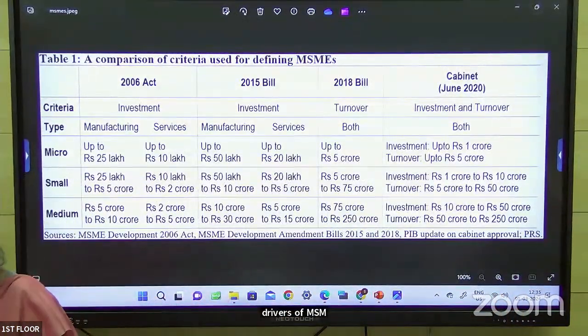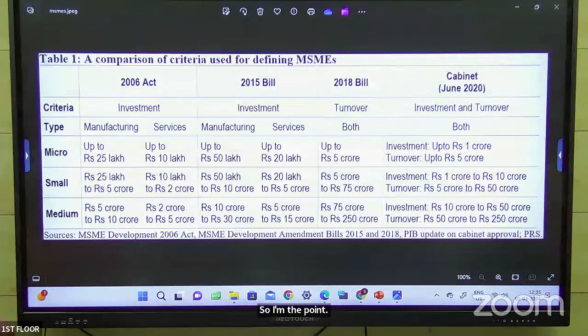Seventh point: large scale public spending to address infrastructure and logistics bottlenecks. There are 4 or 5 simple small points under it. First is road connectivity, which they increased through Bharatmala. Port infrastructure is the second point, through Sagarmala.